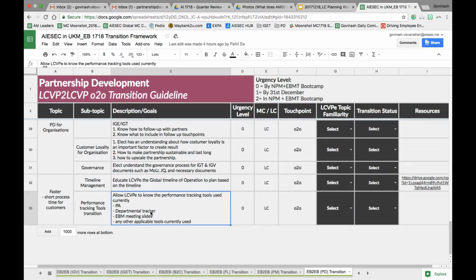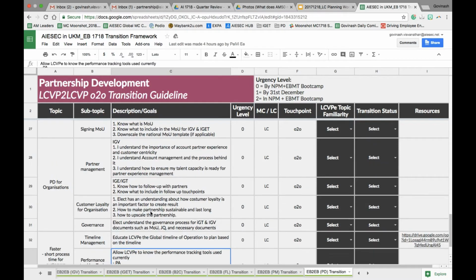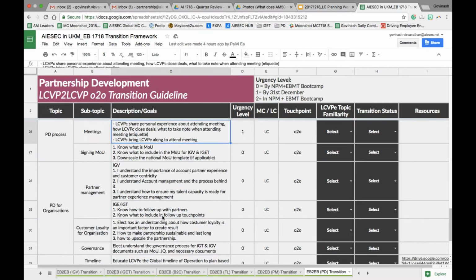Make sure they know all these key trackers, PA, departmental tracker, your meeting slides, as well as HubSpot, or any other tool you're using right now to track your members in your department.